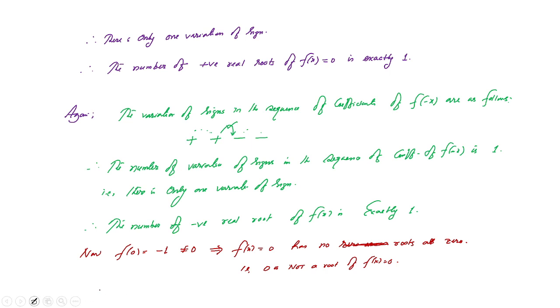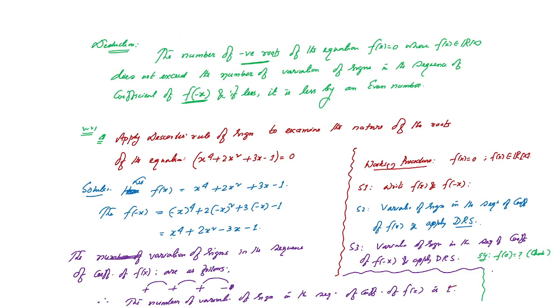Now the next step, step 5, will conclude the number of real roots. That will be the number of positive real roots, plus the number of negative real roots, plus 0 as a root.